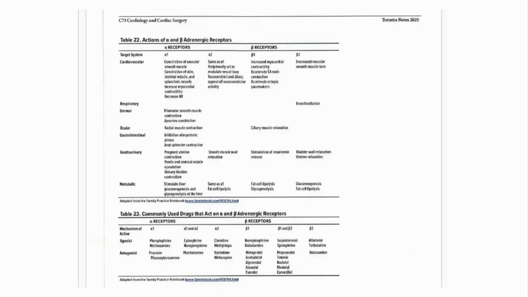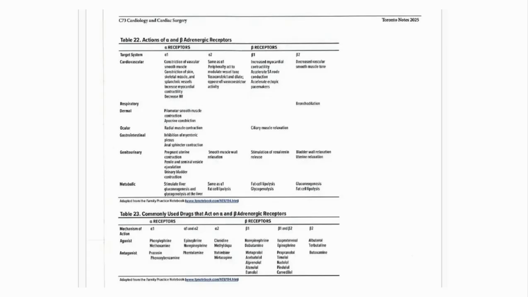Respiratory system. There is little direct respiratory effect from alpha-1 receptors. Skin or dermal effects. Alpha-1 receptors stimulate pilomotor muscle contraction, producing goosebumps, and apocrine sweat gland contraction.